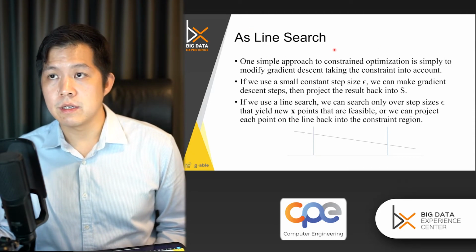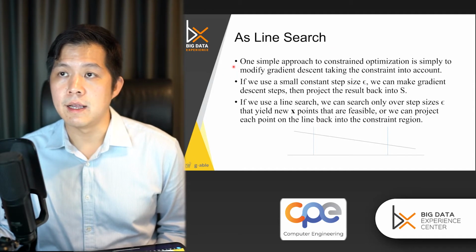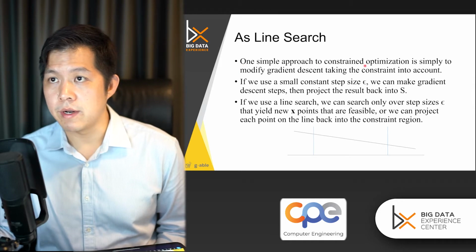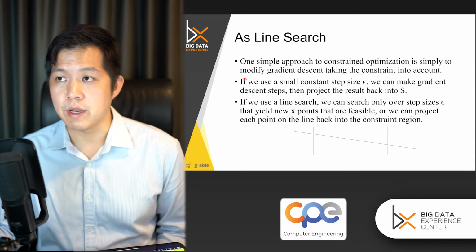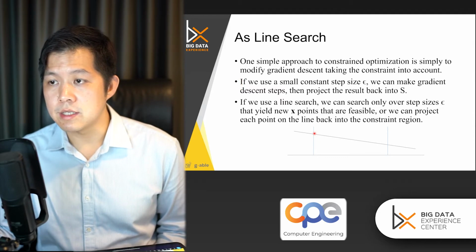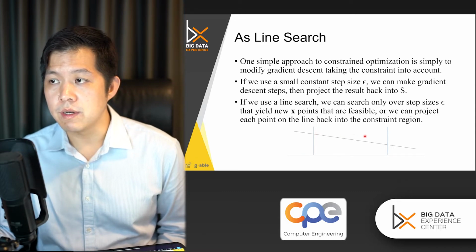You can think of gradient descent as a line search with constraint taken into account. So we can just say we have the boundaries in the blue lines here, and then we search from one value to another value only within the regions.